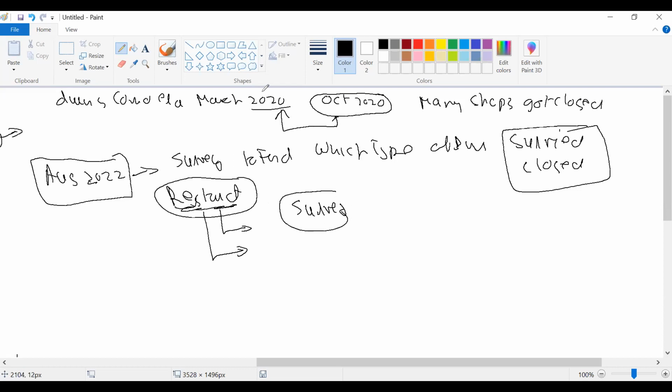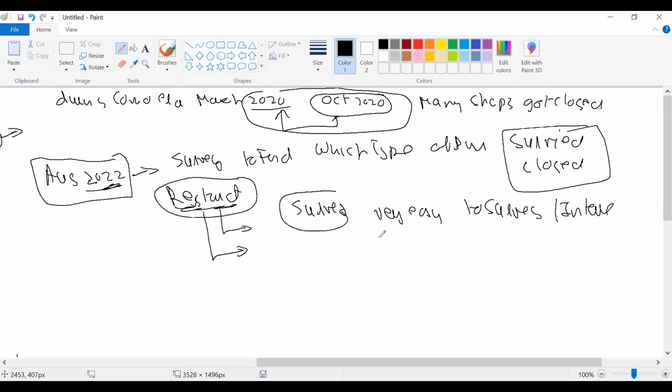So businesses got closed in 2020. Survey is being done in 2022, 2 years down the line. When today you are going to do the survey, it is very easy to survey or to interview those businesses which survived. जो बचे, उनका इंटरव्यू तो लेना बहुत आसान है, but how would you find those who left? उनका डेटा कहाँ से लाओगे?